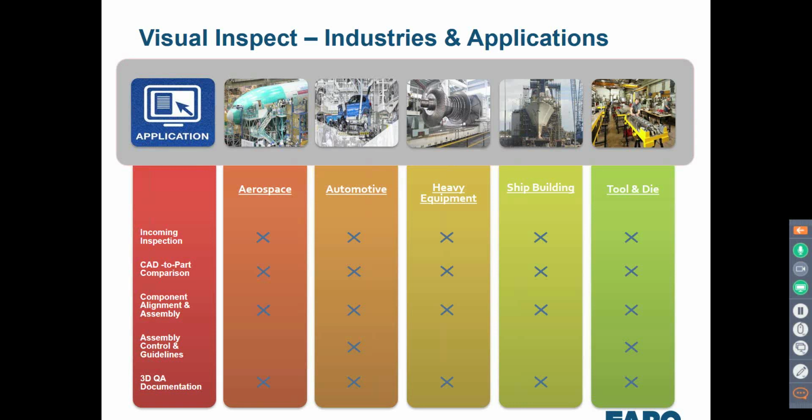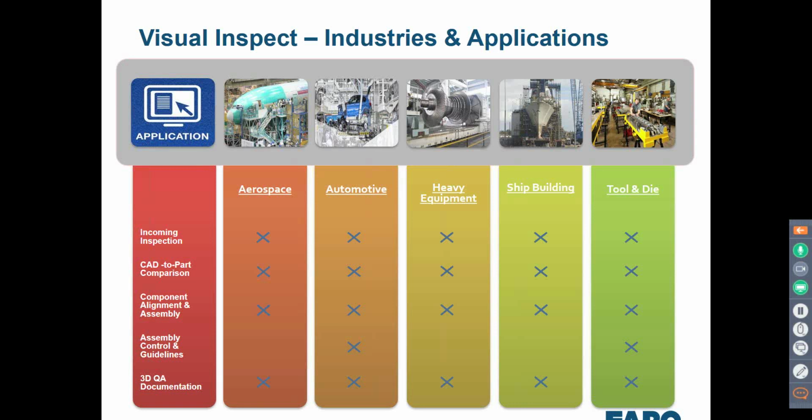And I would actually say that this chart does not show assembly control and guidelines for aerospace, heavy equipment, and shipbuilding, because they deal with extremely, extremely large formats relative to their manufacturing parts or assemblies. However, in their sub-assemblies and the smaller parts, it is also valid.